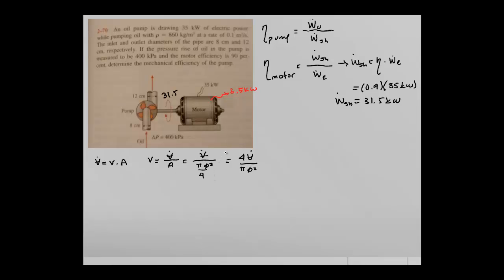Using this expression, we can get that velocity 1 is 19.84 meters per second, and velocity 2 will be 8.84 meters per second. Again, check these numbers.